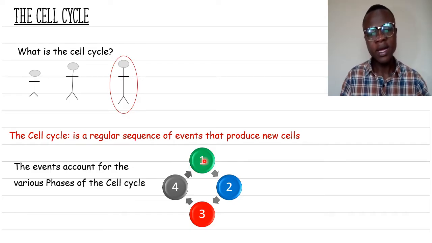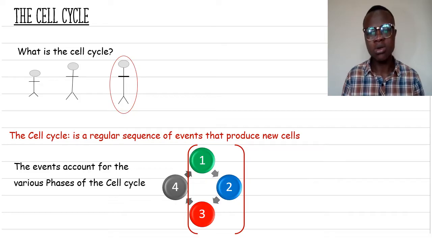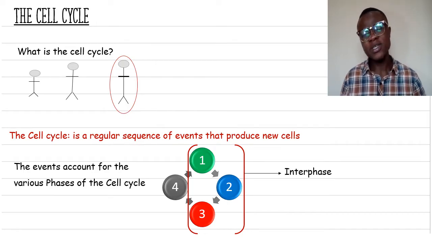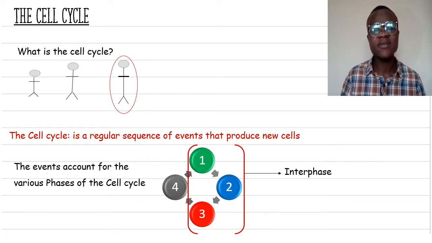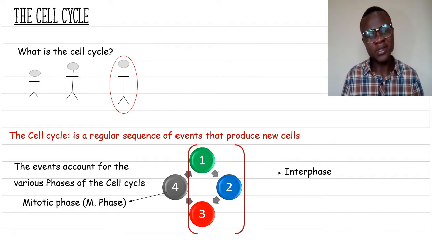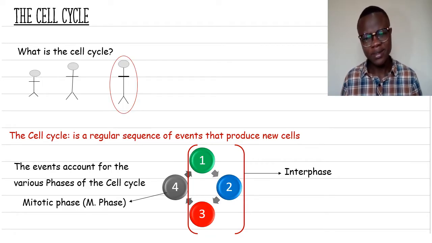Stages 1, 2, and 3 will constitute a particular phase. What do we call that phase? This is called the interphase, and it's basically the longest phase of the cell cycle. The next phase of the cell cycle is the M phase, also called the mitotic phase.